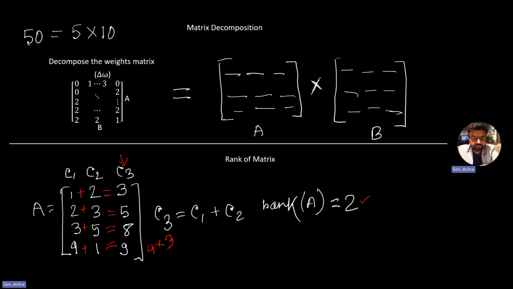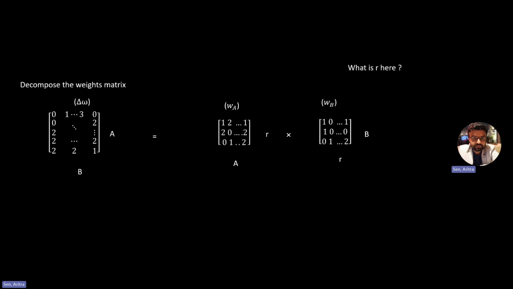With this understanding of matrix decomposition and rank of a matrix, let's see what LoRA does. As I talked about, we can decompose a weight matrix into two different matrices. In these two different matrices, we can incorporate the concept of rank. It has been shown in the Microsoft paper which they released for LoRA that there exists a low dimensional representation of the pre-trained weight matrix, which is very low in dimension.